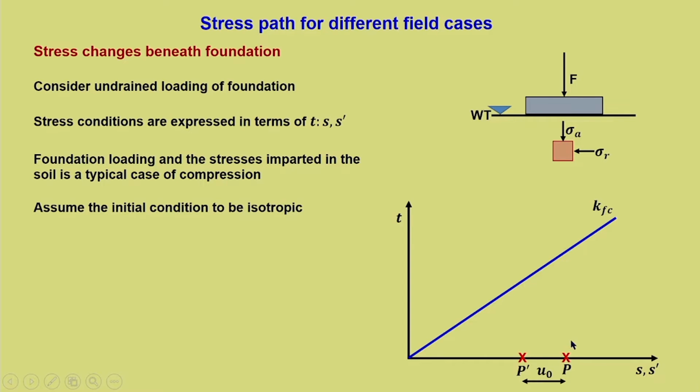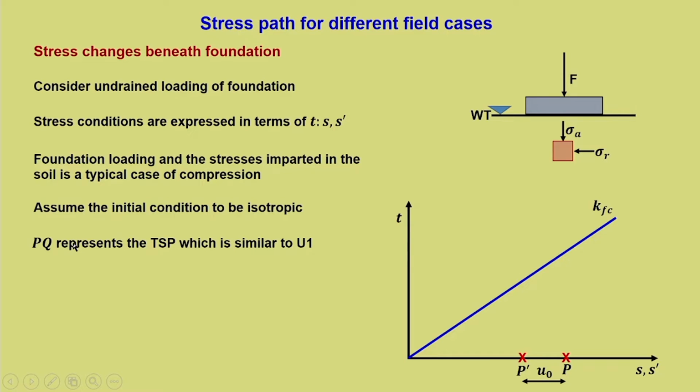Now, we will have the total stress path from P. The same total stress path when you draw at P dash, as we have seen in one of the examples earlier, is the total stress path minus the initial pore water pressure. It is a parallel shift that is happening, and sometimes that helps us understand the pore water pressure and effective stress path difference better.